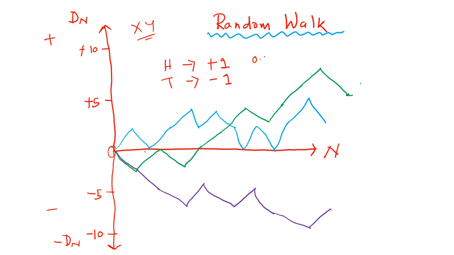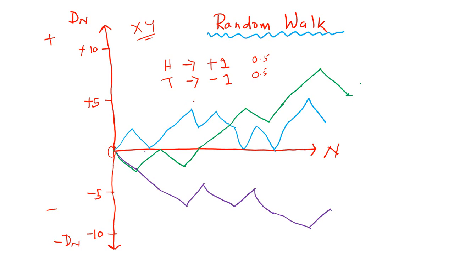So the probability that you will get head is 0.5, the probability that you will get tail is also 0.5. So it's completely random whether it is going to walk towards the positive side of the y-axis or the negative side of the y-axis, right? It's completely random, hence it's called a random walk.